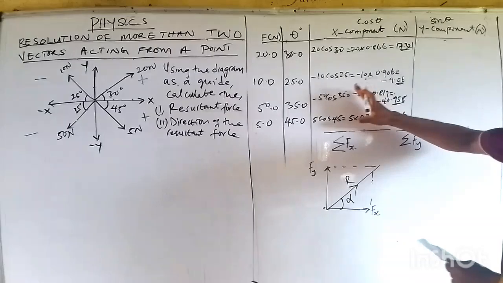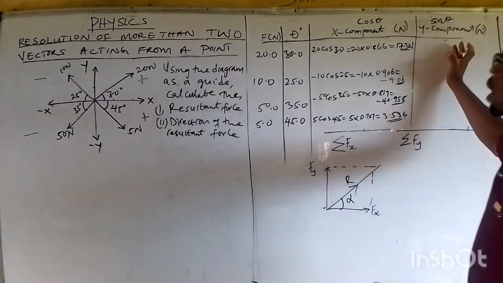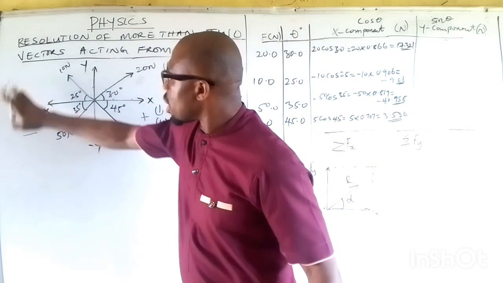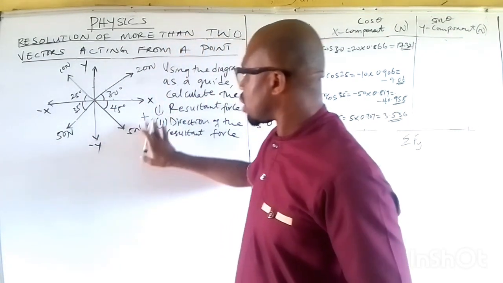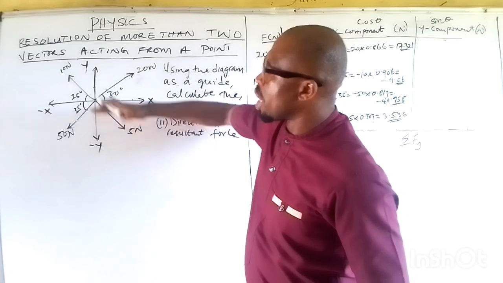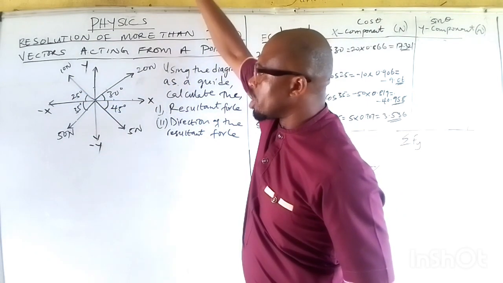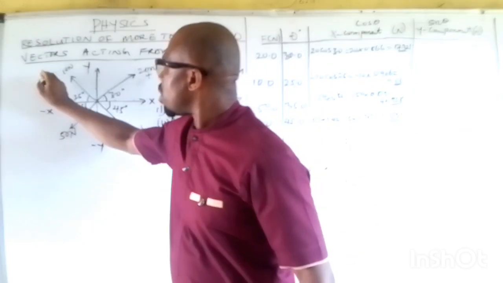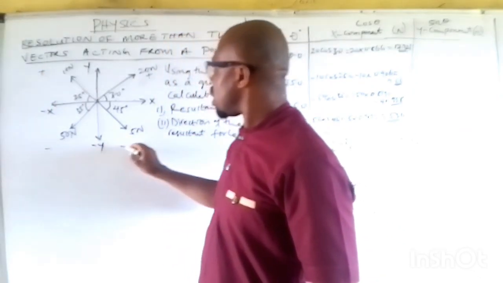Having done this, let us now look at the vertical components. We erase these signs. If we look at the vertical components, everything up here will be positive, everything down here will be negative. So we have positive here, negative here, negative here.